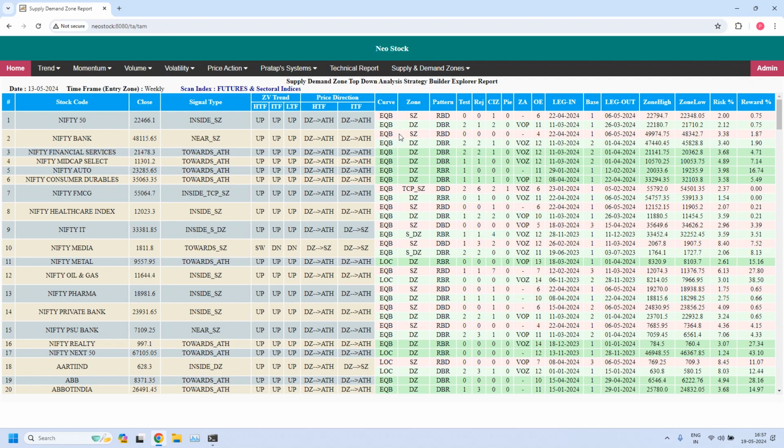All these demand and supply zones are weekly zones. The first 17 in this list are indices, sectoral indices. Because some people will trade based on the indices and plan their strategies, for all those people these indices will be helpful. And the remaining are all equity stocks, but these stocks are listed from the F&O category.